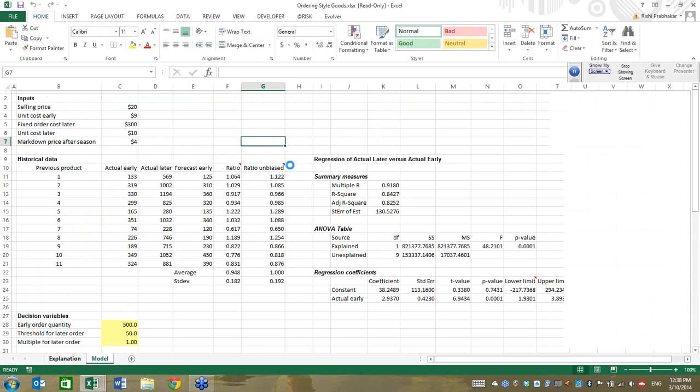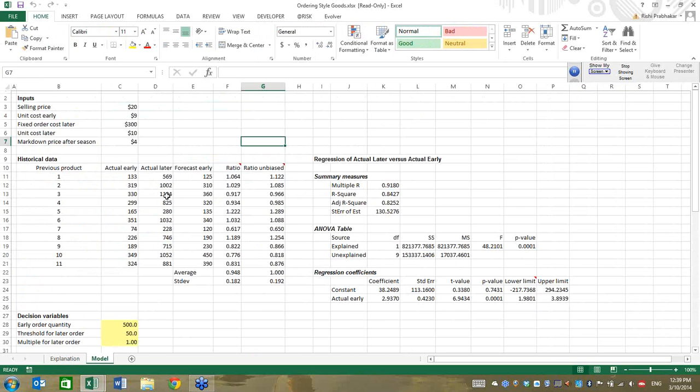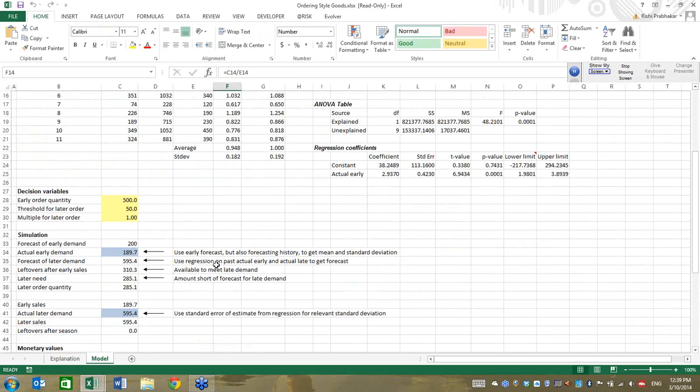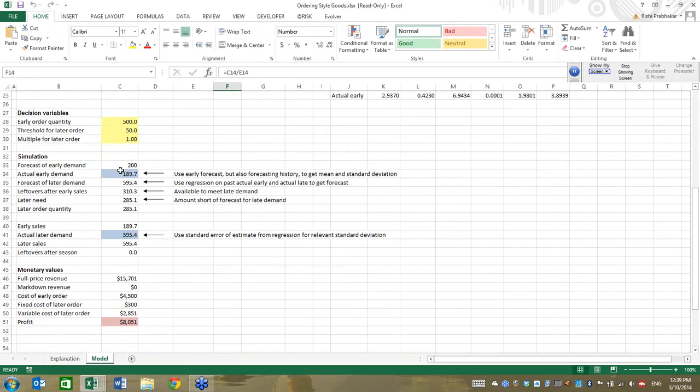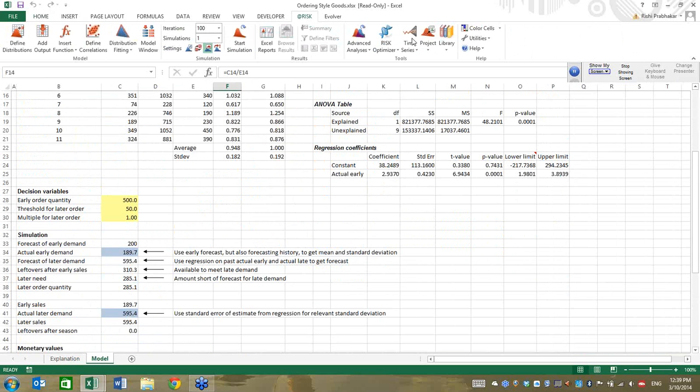Now, in our explanation here, we have a forecast for the demand for the goods that we're selling. However, of course, there will be uncertainty in any such model. So we have uncertainty around the actual demand. We've got early season and late season demand. So what should be our optimal ordering decisions?